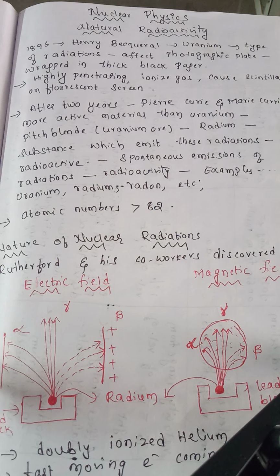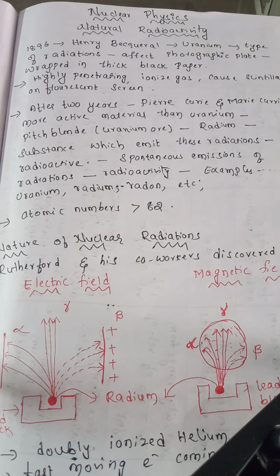Surprisingly, he found that some of the alpha particles bounced back. Some of the alpha particles went straight without deflection, and some underwent lesser deviation. From this, he concluded that for the rays which bounced back, there must be some positive charge present at that place.